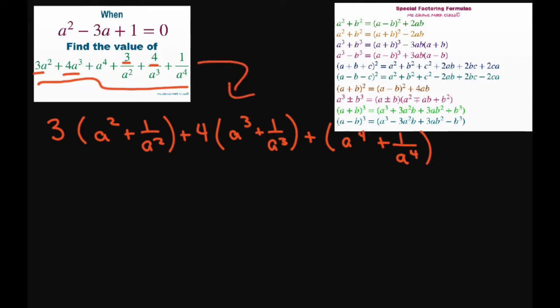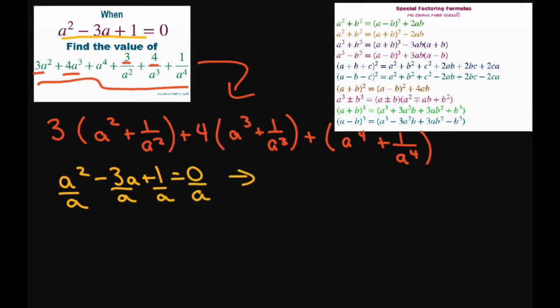All right. So let's look and see what we have here. We have a squared minus 3a plus 1 equals 0. So if I divide both sides of the equation by a, that's going to give me a minus 3 plus 1 divided by a equals 0, which is the same as a plus 1 divided by a equals 3.